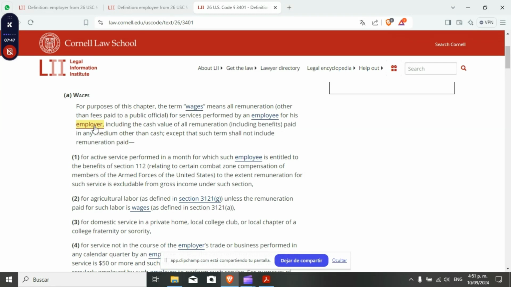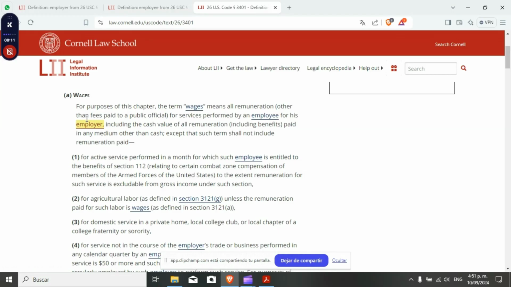Keep this in mind so you can see how tricky this is. It says, other than fees paid to a public official for services performed by an employee for his employer. Again, for services performed by a government worker, government employee, office official, or elected official. So that does not mean you.